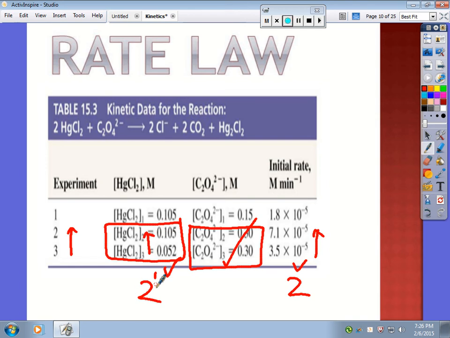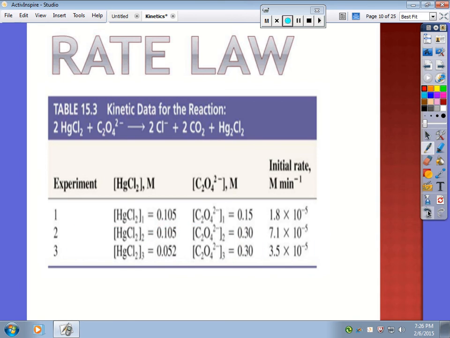So let's talk about experiment 2 and 3 real quick. Okay, we'll go back through here again, and we'll talk about how you talk about it in a sentence. I would say in a sentence, to explain what I just showed you, that in experiment 2 and 3, when the concentration of this C2O4 2- ion is kept the same, and the concentration of this compound, HgCl2, is doubled, right? It doubles.